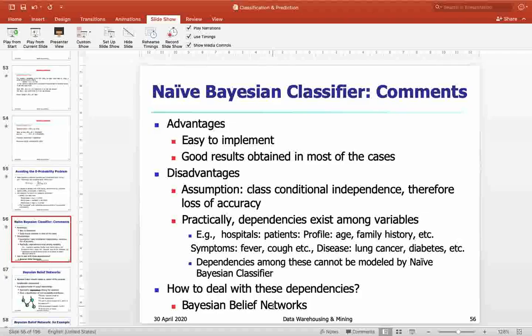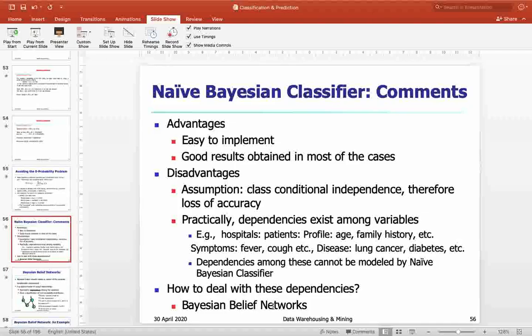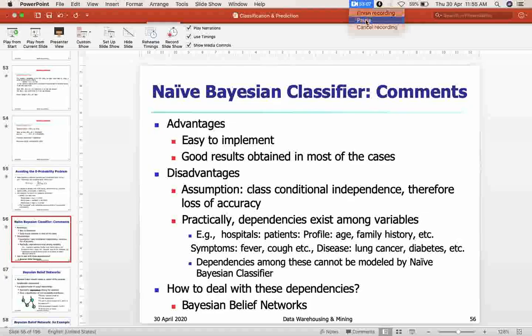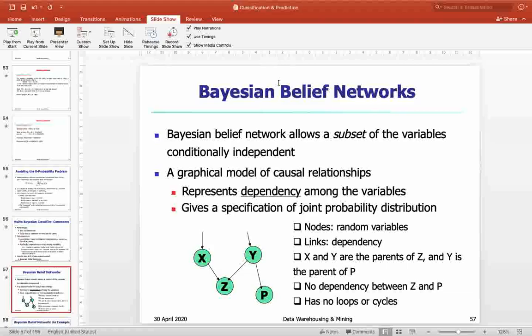I'm just giving one example here. Basically it allows conditional independencies between different subsets of variables.